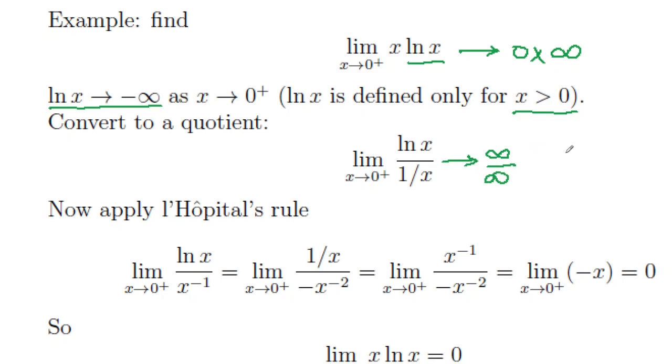Let me just point out that we could alternatively write this as x divided by 1 over ln of x, which is the same thing as x over ln of x to the negative 1. And we could apply L'Hopital's rule to this. This will be a 0 over 0 form.